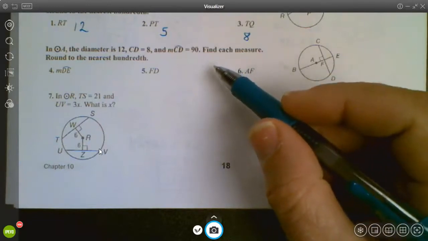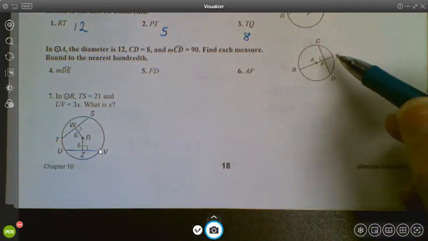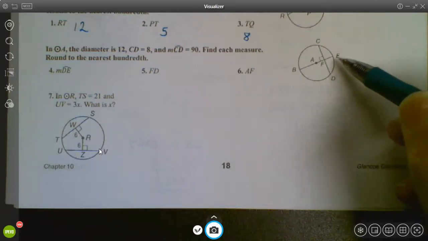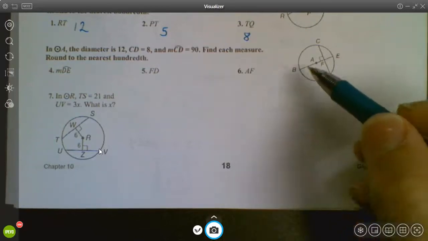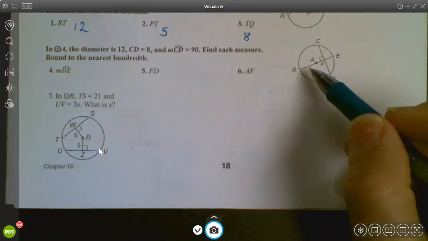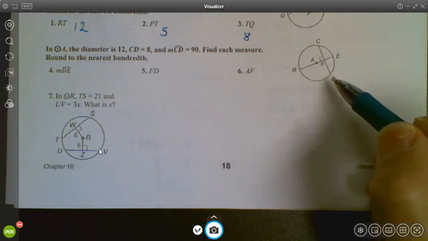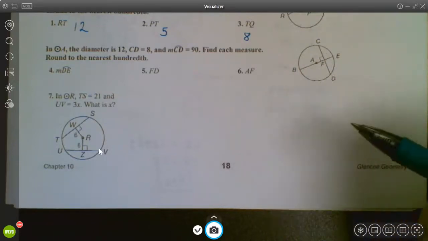Find each measure. So if arc CD is 90, what would DE have to equal? Well, remember, one of the things that we looked at a second ago is when you have a diameter that is perpendicular to a chord, two things happen.